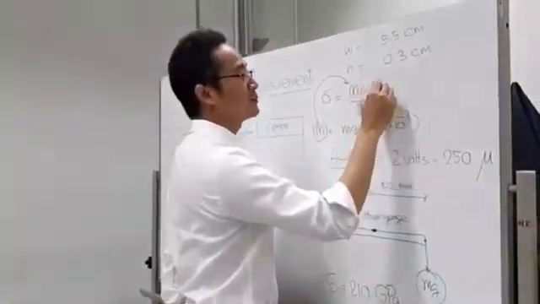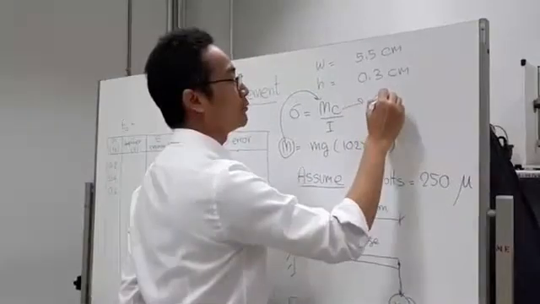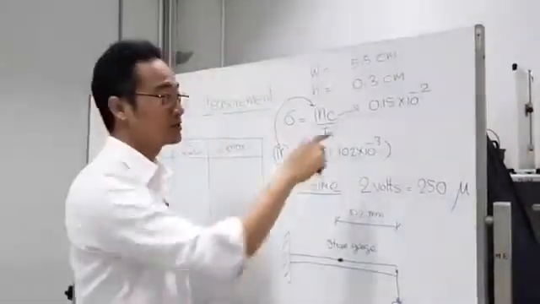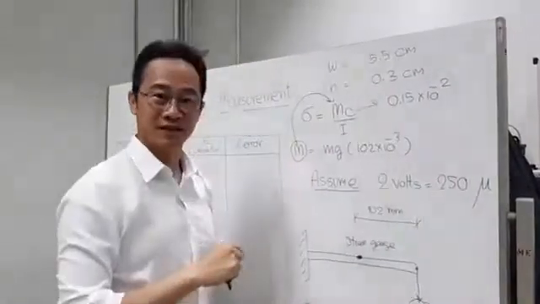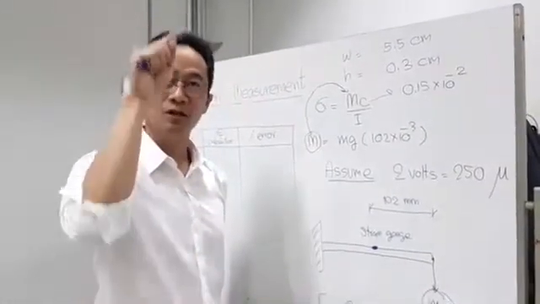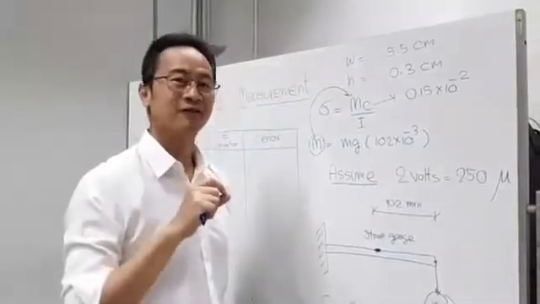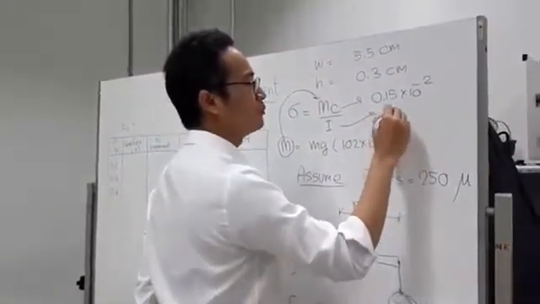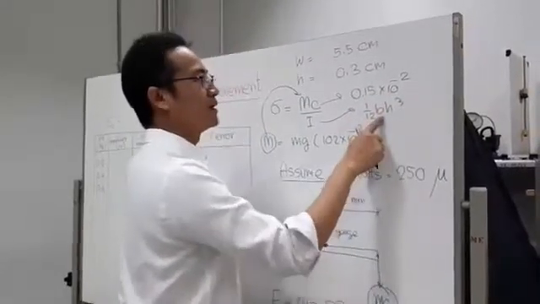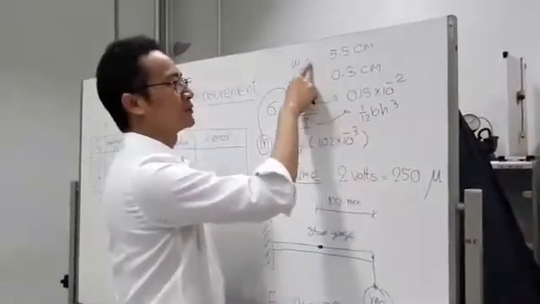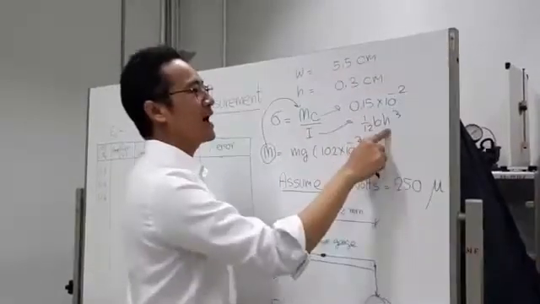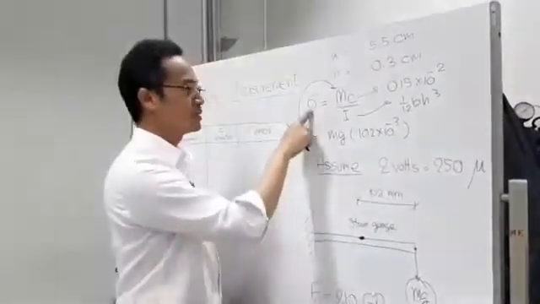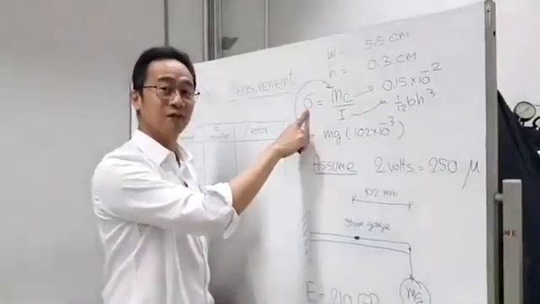So my C is 0.15 times 10 to the minus 2, because it's half of the thickness, from the neutral axis to the top or bottom. What is I? I is 1 over 12 b h cubed. What is b? The width, 5.5 centimeter. What is the height? 0.3 centimeter. That is the normal stress you could find.